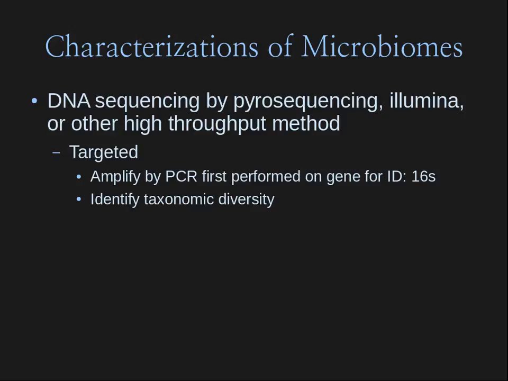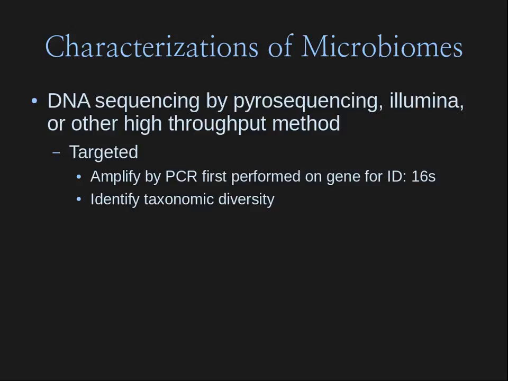We can do this two different ways. Number one, we can do this in a targeted fashion. By targeted, I mean we're not trying to quantify all of the genetic material that's there, but we want to specifically look at some sequence, often something like 16S that has taxonomic significance.